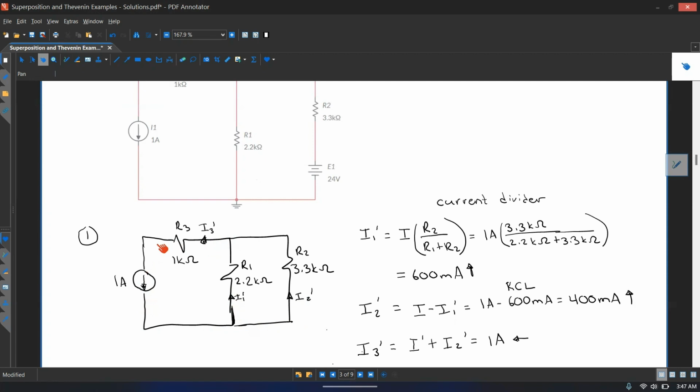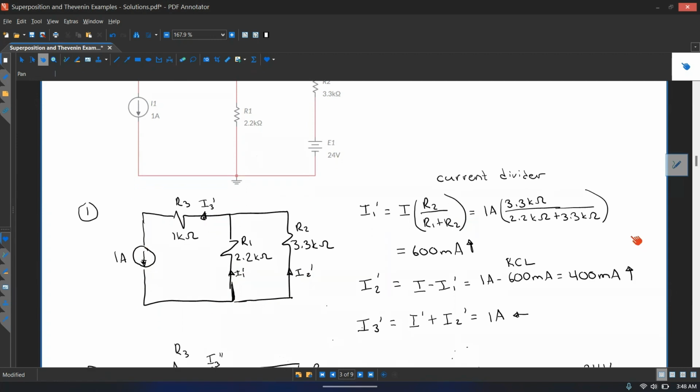To find I1 prime and I2 prime, let's start with I1 prime. All you really have to do is a current divider, because we know the current that's flowing into a parallel combination of resistors. I'm using the two resistor method for the current divider. What I calculated was 600 milliamps, and I put the current flow direction as going up.